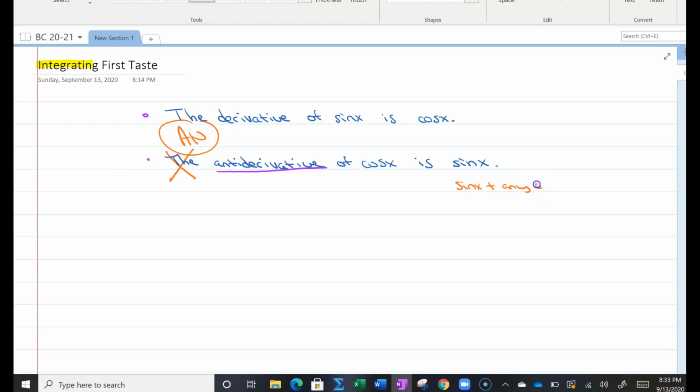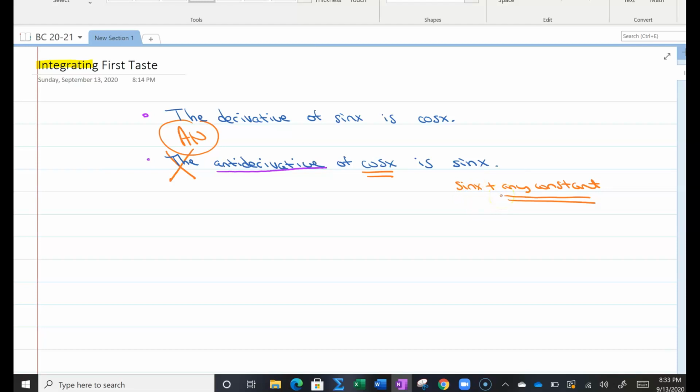It could be sine x plus 3, sine x plus ln of 15. The point is, sine x plus any constant would have a derivative of cos x. So if you're asked how many antiderivatives of cos x there are, there are actually infinite antiderivatives, because there are infinite ways that I can add a constant to sine x.